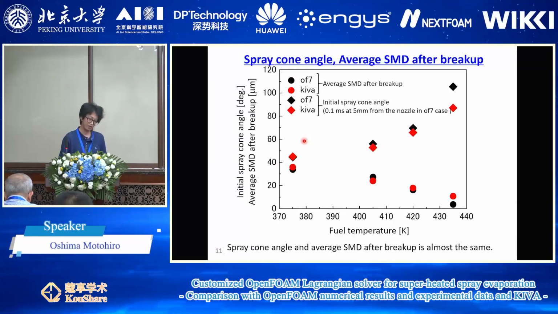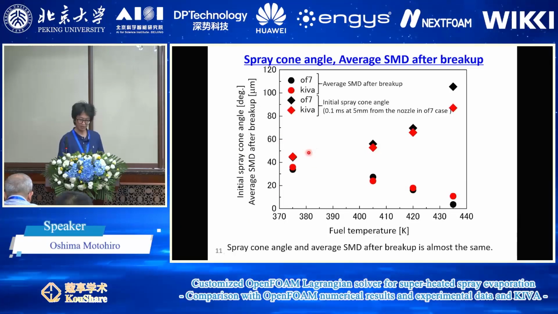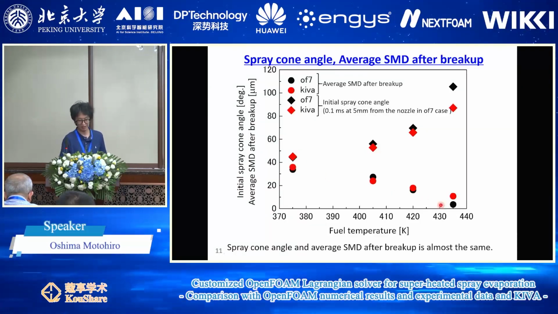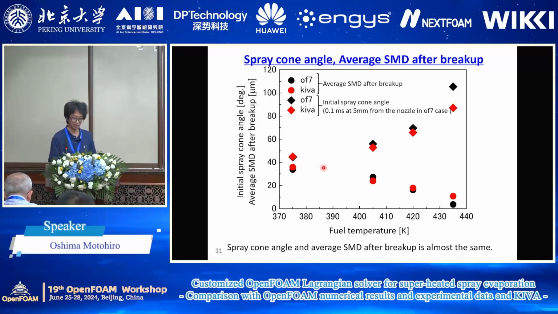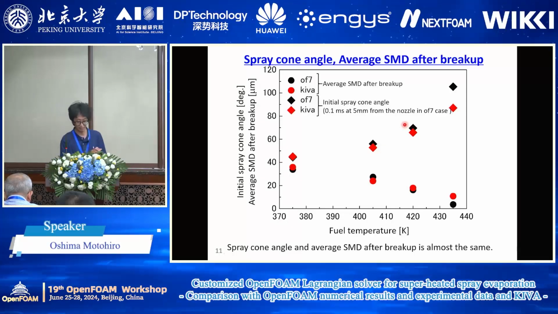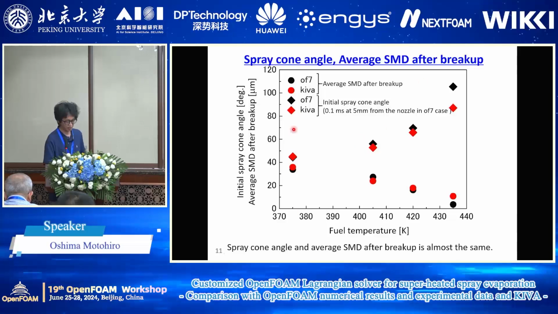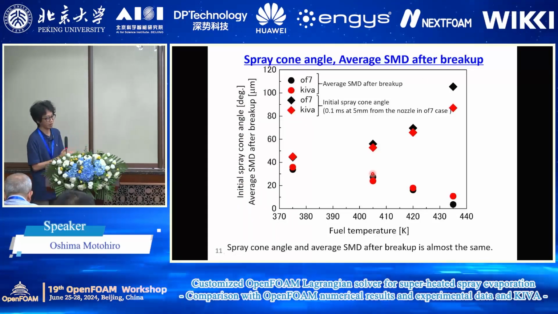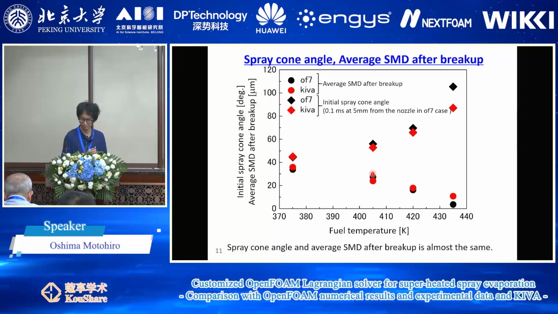From this figure, the average SMD after breakup decreases with increasing fuel temperature, and the initial spray cone angle increases with increasing fuel temperature. The spray cone angle and the average SMD at breakup are almost the same.